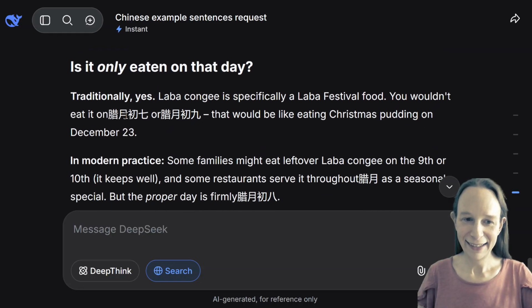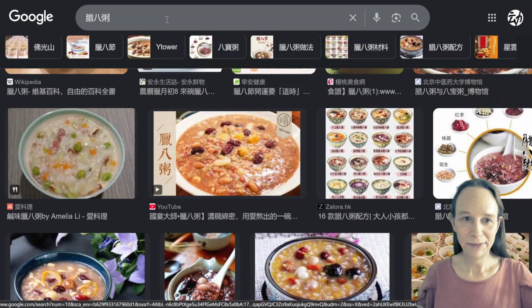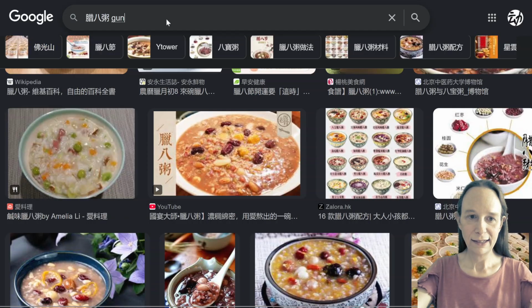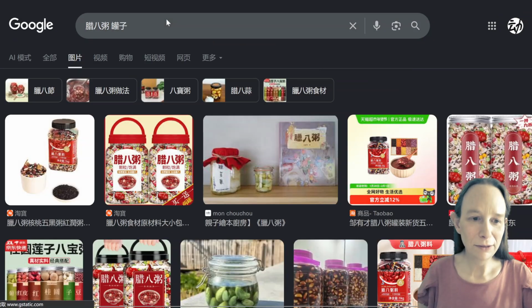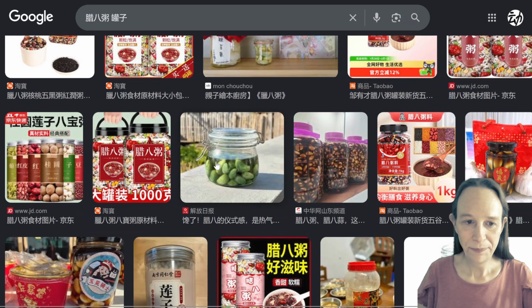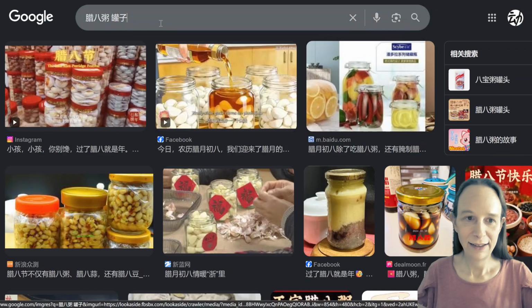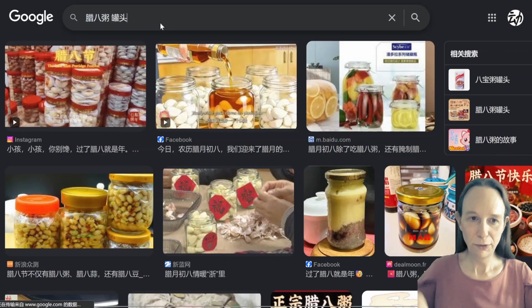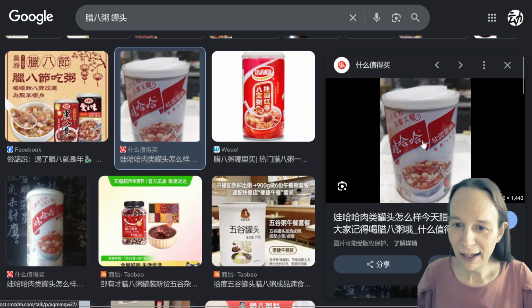Traditionally, yes. Yeah, I'm pretty sure you can get 腊八粥 in a can. No, not 棍子, 罐子. Or 罐头. Oh, you can get it like this. 罐头. Yeah. Is this 腊八粥? I'm not sure. Does it say?